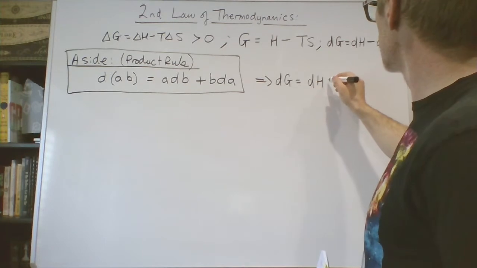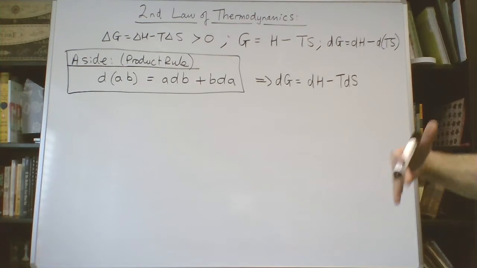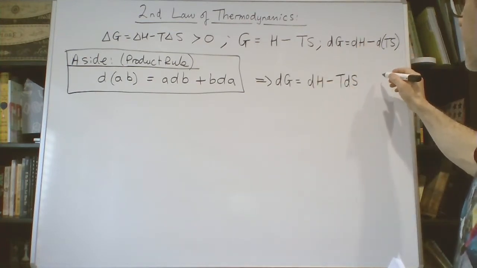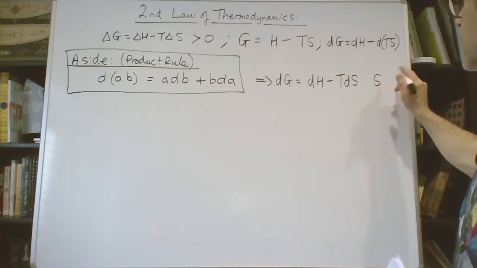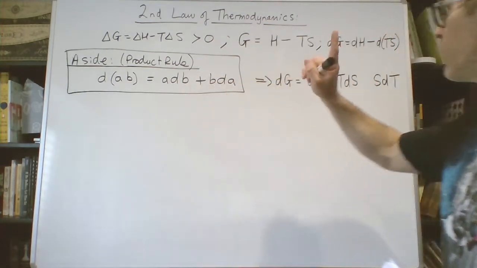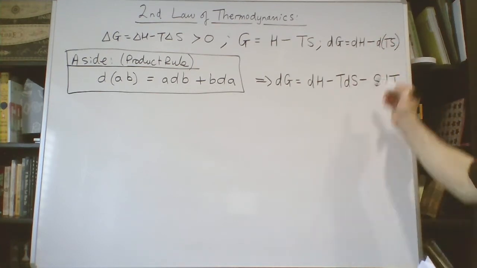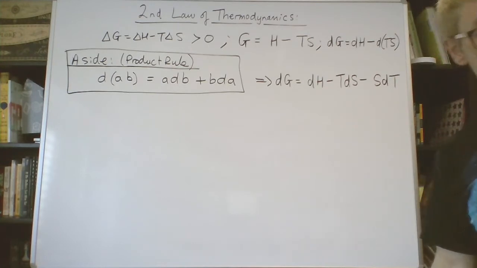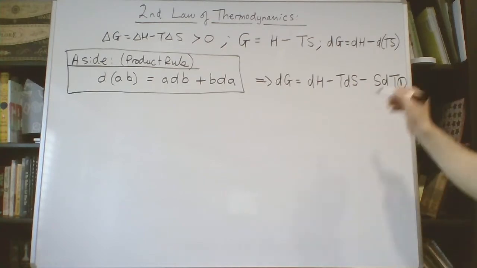Let's ignore the T and apply the d to the S, and then add the next term, which is S, where we apply the d to the T. I have to add it because of this, but I have a negative here, so it's going to make the whole thing negative because I'm adding a negative term. We'll call this equation 1.